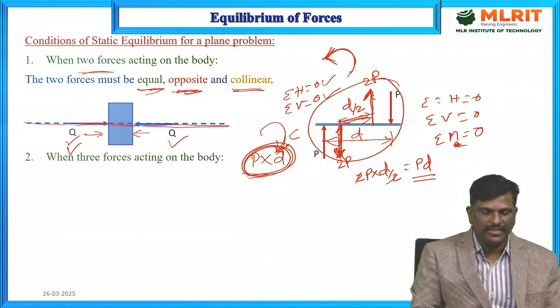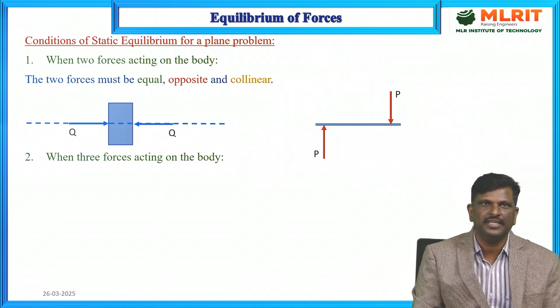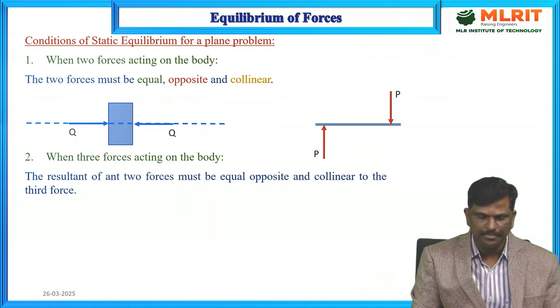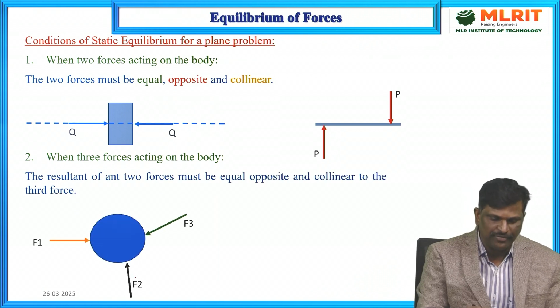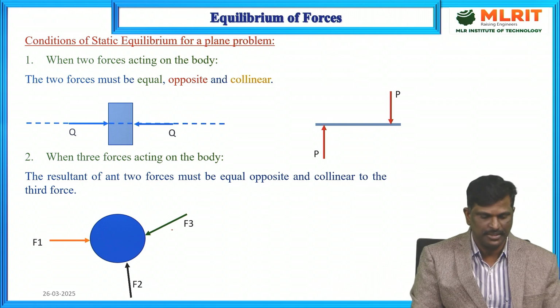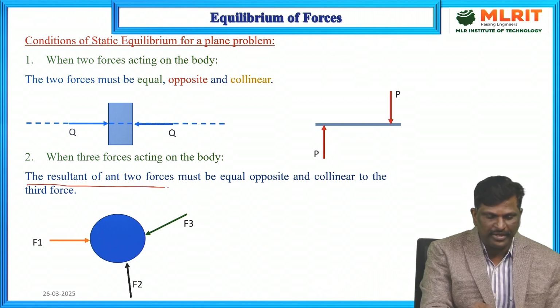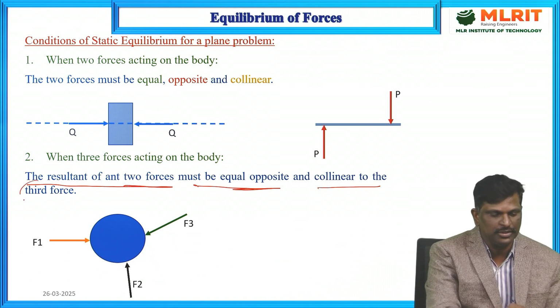Now, when three forces act on the body, what is the condition? Look at the diagram. Now, if three forces F1, F2, F3 are acting on the body simultaneously, the condition for equilibrium is that the resultant of any two forces must be equal, opposite and collinear to the third force.